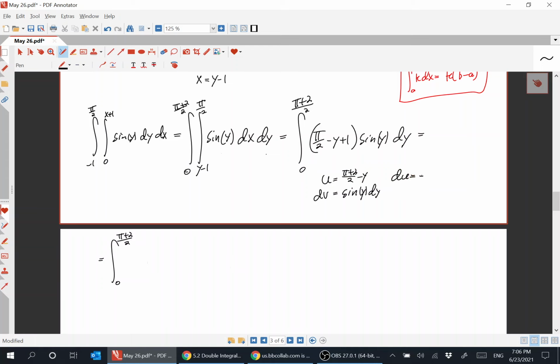So du is just minus dy, and that's just a constant there. And v, the antiderivative of sine y, is minus cosine y.